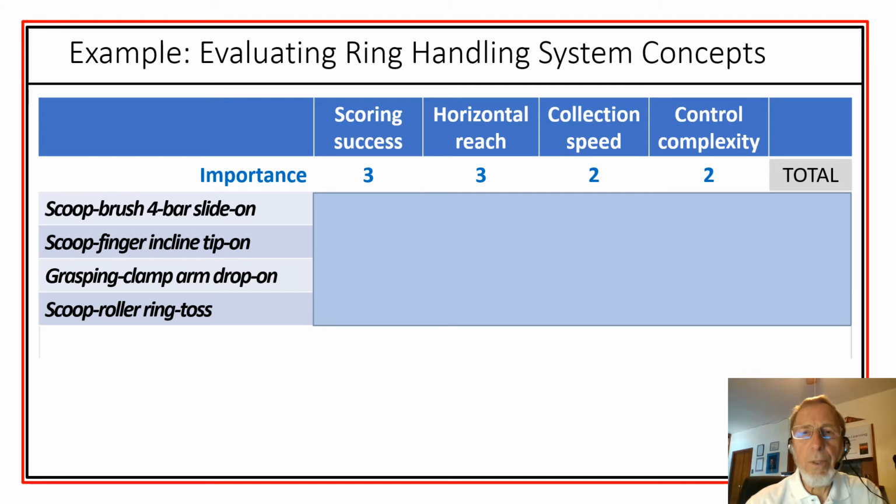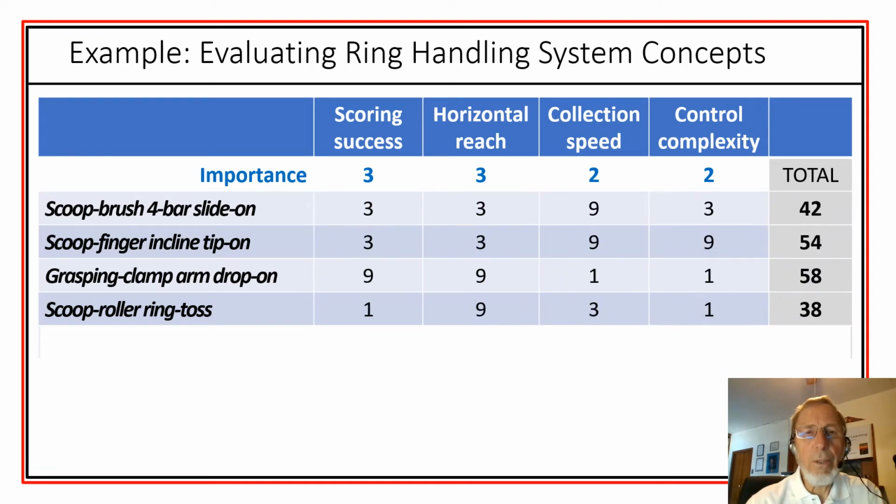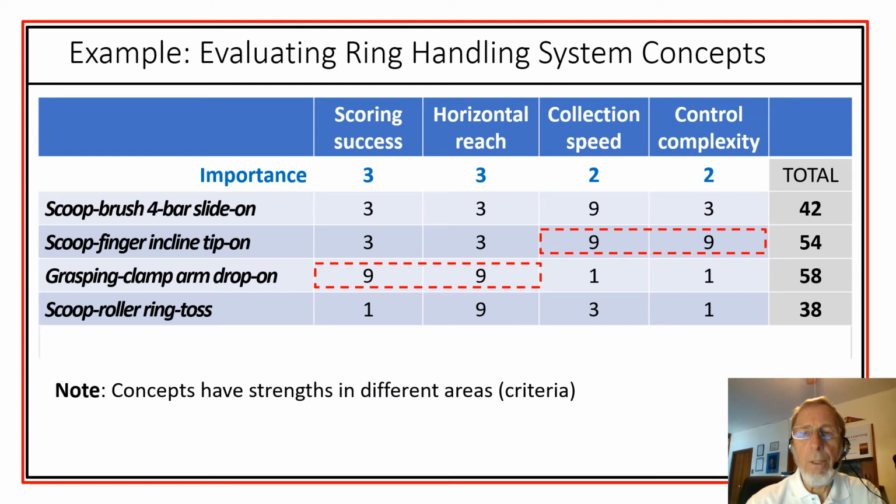For each criterion, we have an importance rating, 1, 2, or 3. And we then score each of these concepts against the criteria, sum up the weighted scores for a total score, and we begin to see that there are some differences.